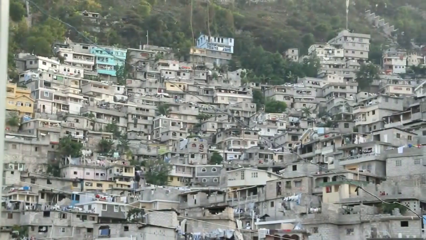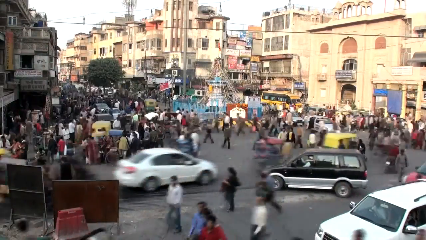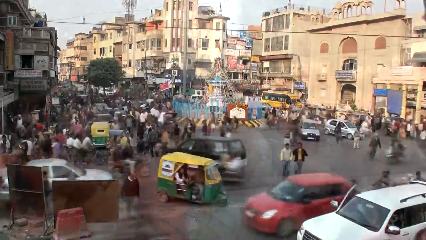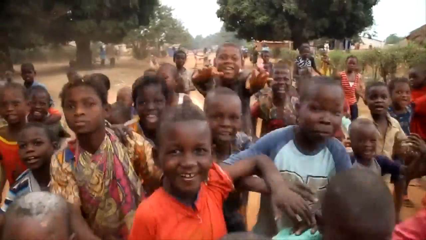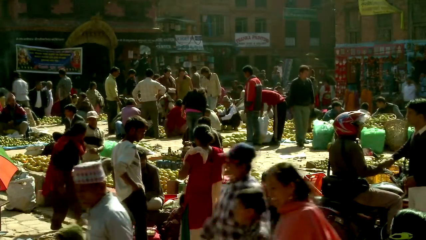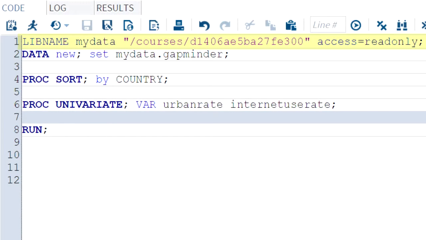Returning to the Gapminder dataset, let's see how we can use SAS to examine the relationship between percent of the population living in urban settings and the rate of Internet use. Since we're using a different dataset, we'll begin with a new program. It begins with the standard libname statement. Then we're going to call in the Gapminder dataset at the beginning of the data step.